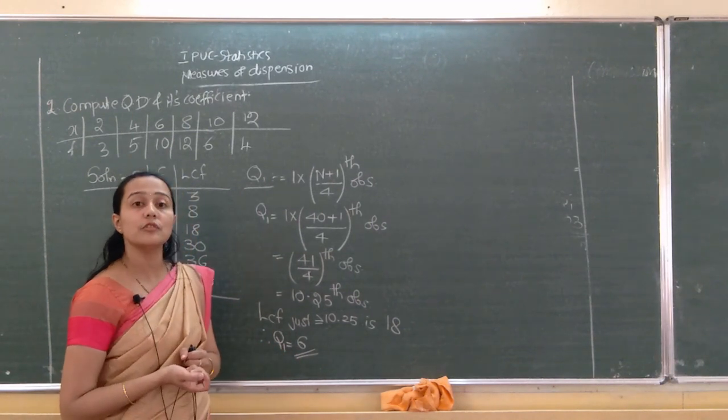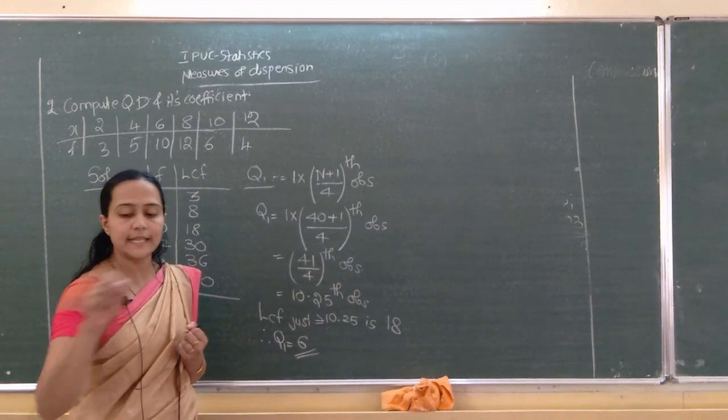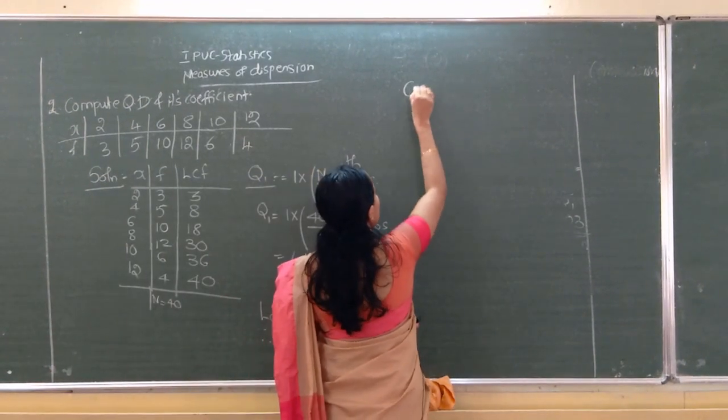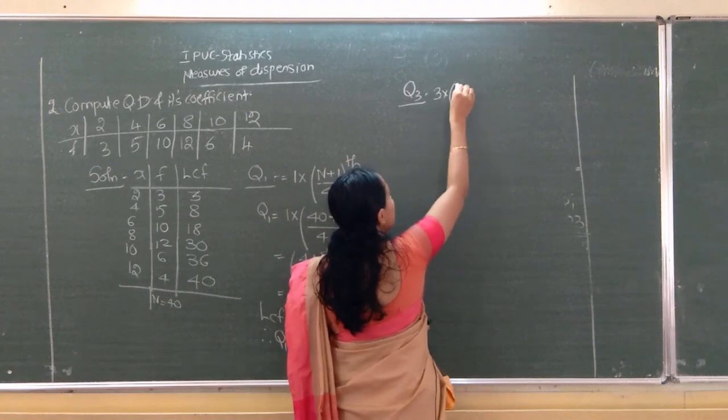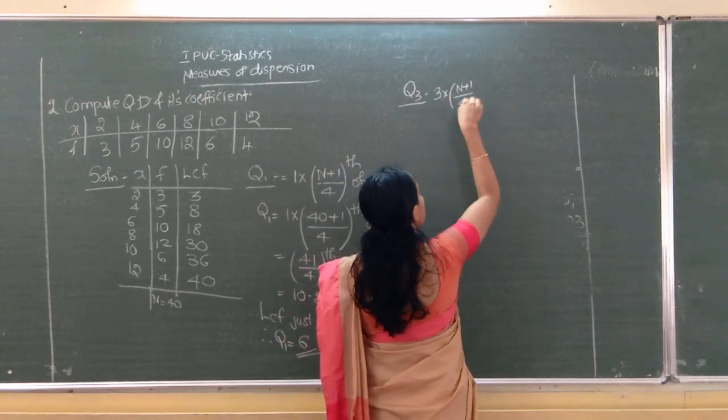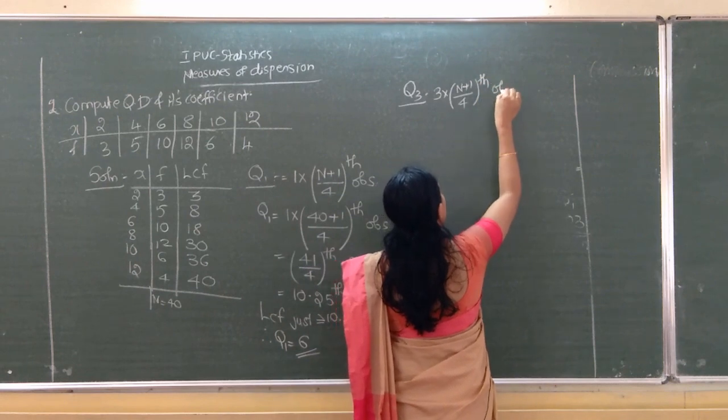Next we have to go for Q3. Q3 equals 3 into (N plus 1) by 4th observation.